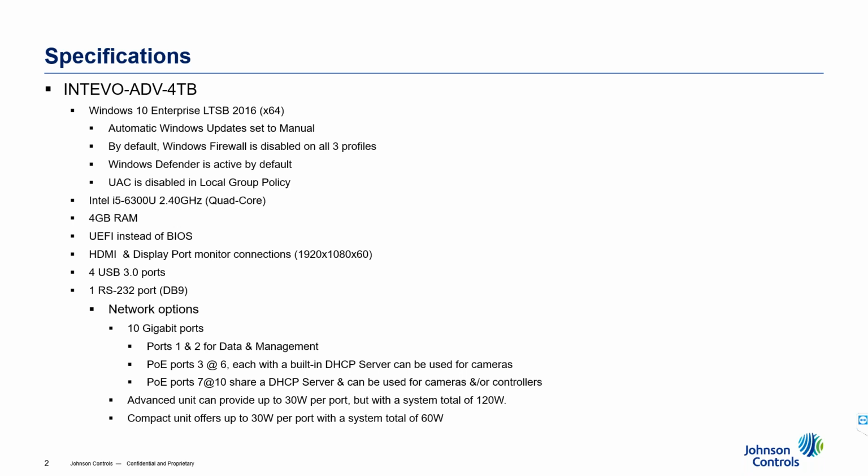The Windows updates, Defender, and UAC are configured specifically for us. So when you get the box, all your settings are active and properly deployed. You do have an i5 processor like we saw last time, with 4 USBs and HDMI ports. So it's a very fast device on the hardware side.